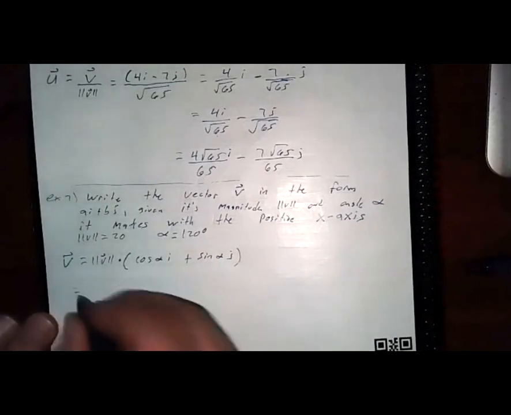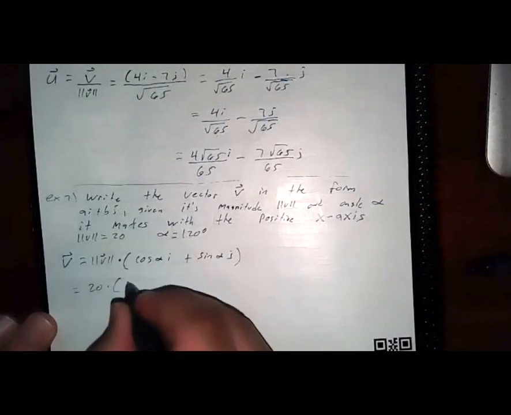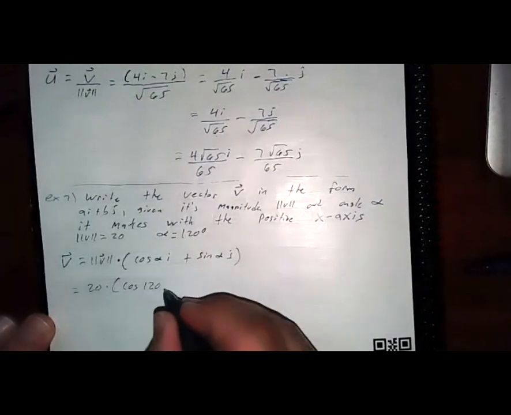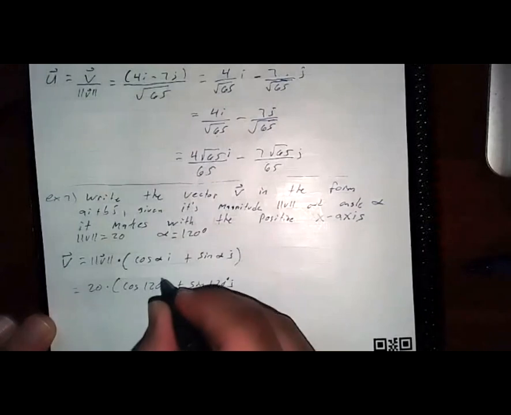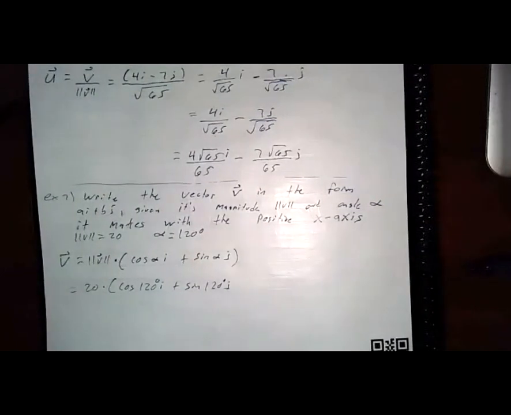So the vector will be 20 times cosine of 120 i plus sine of 120 j. Okay.